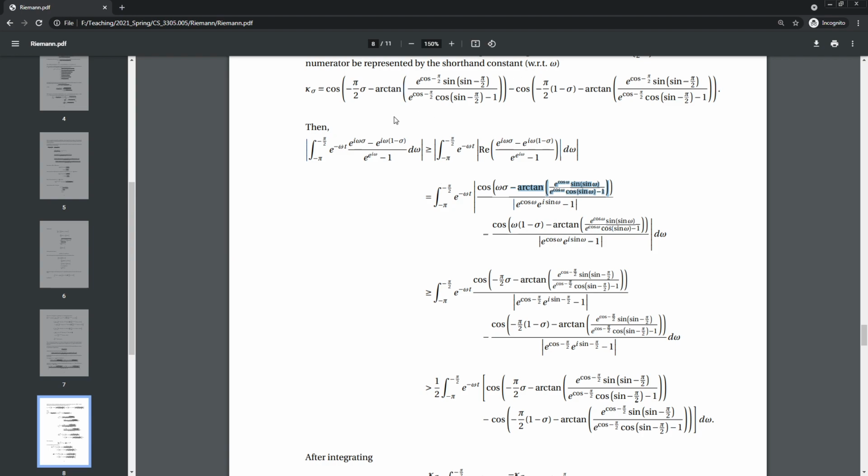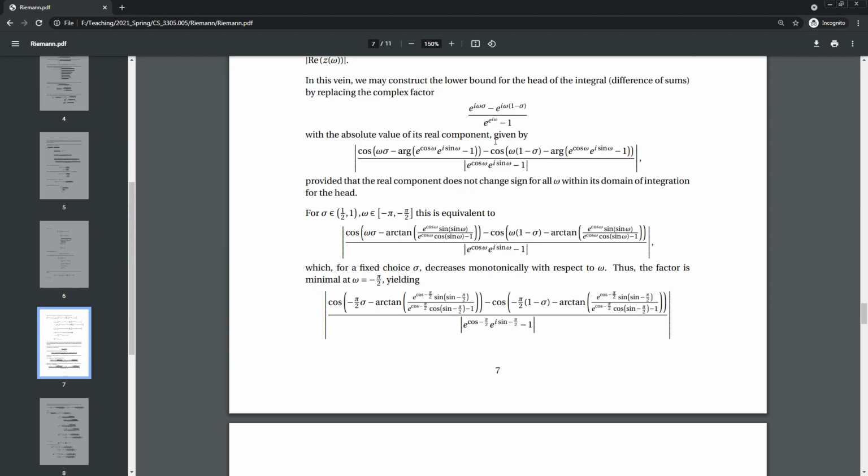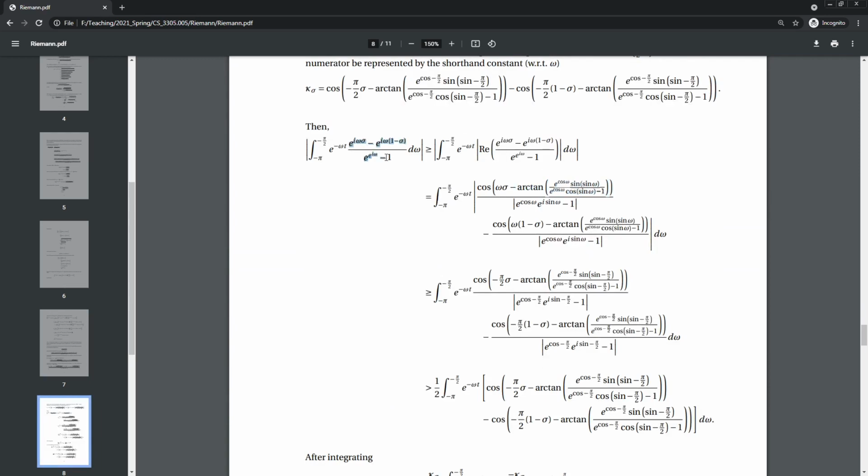Now we're going to apply the lower bound which we were talking about. We find the value where this thing is minimal, and we use that everywhere. The real part, this part, is minimal whenever omega is equal to negative pi over 2, so we replace omega with negative pi over 2.